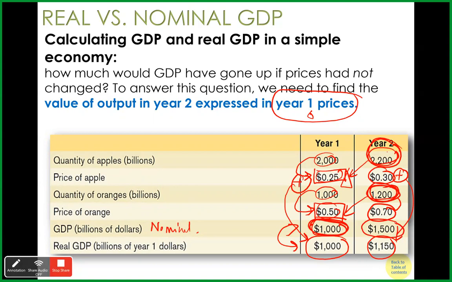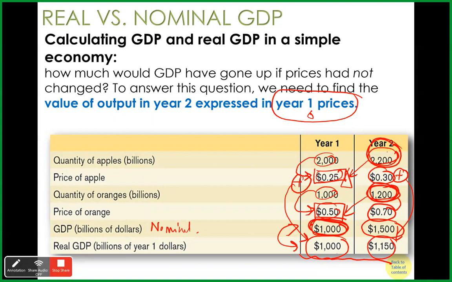Now from this example, that gives us the value of calculating real GDP. Because by looking at the real GDP, we isolate the impact of price change on GDP.